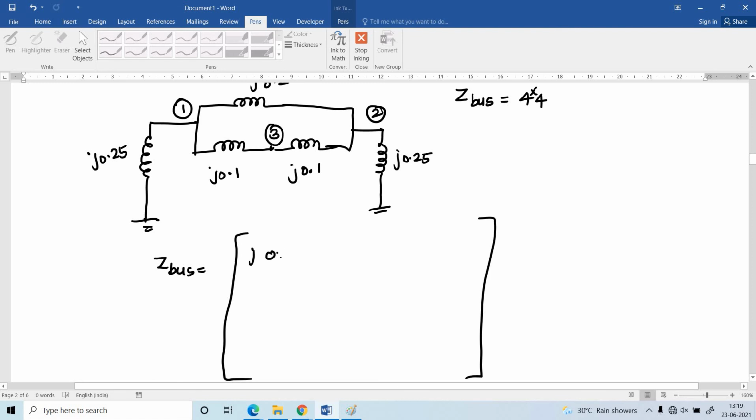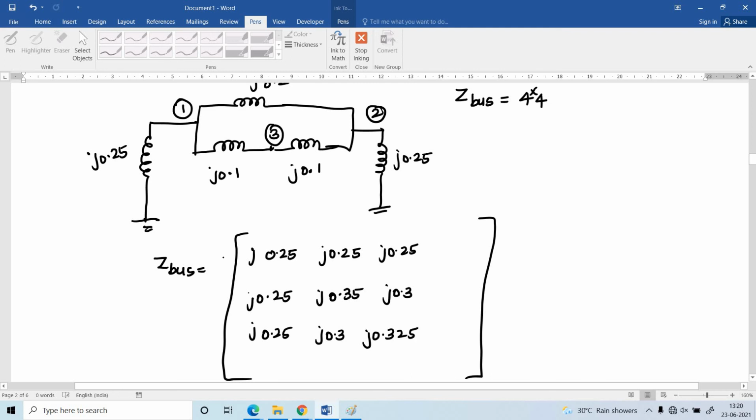j0.25, j0.25, j0.25, j0.25, j0.35, j0.3. Here j0.25, j0.3, j0.325, with rows 1, 2 and 3, and columns 1, 2 and 3.